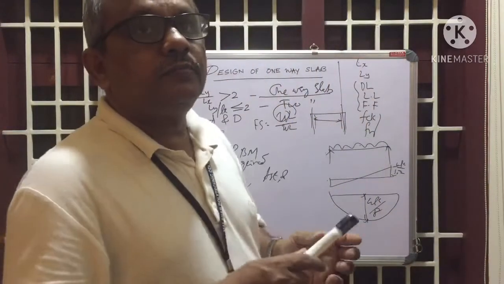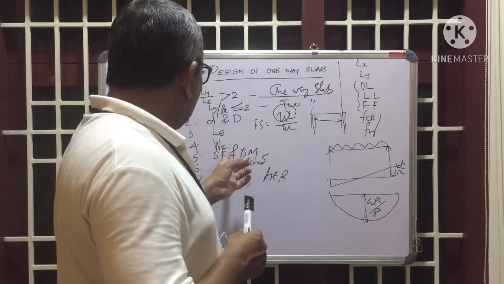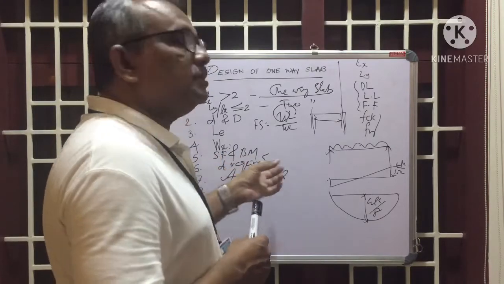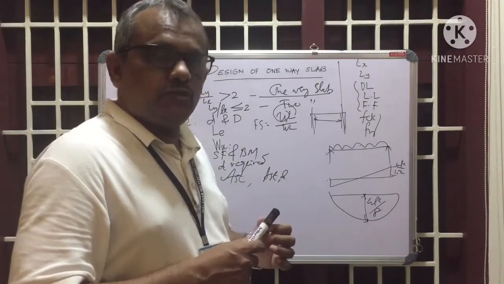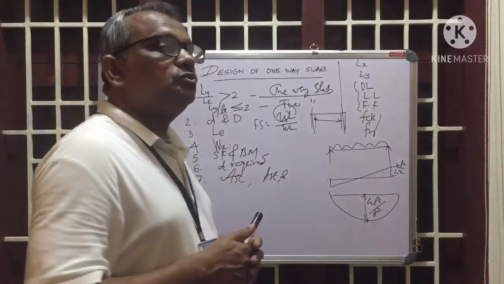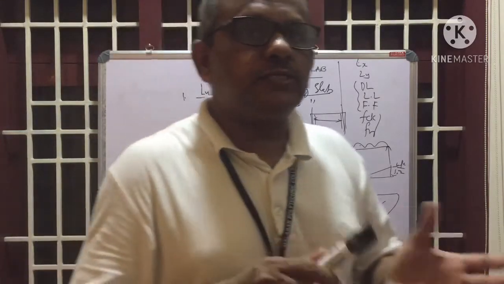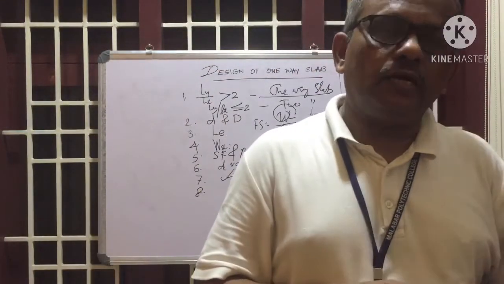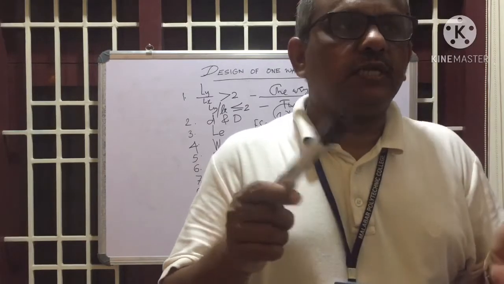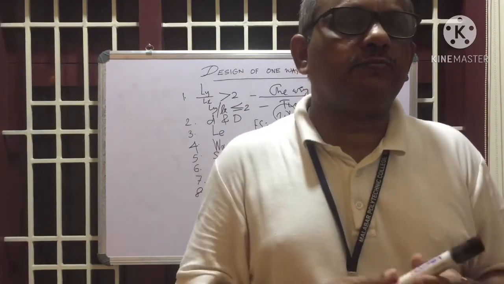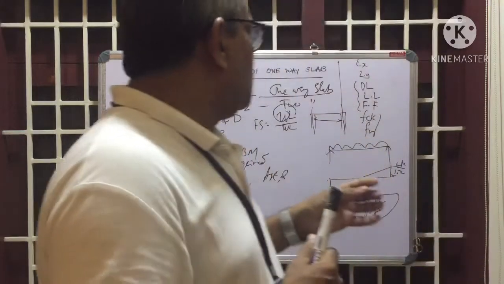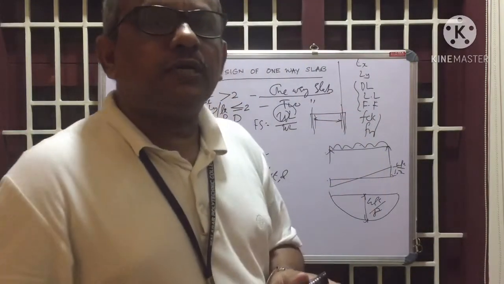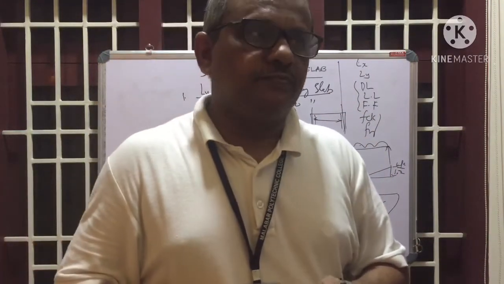If you know the SF and BM values, then check the required value of the effective depth, and after that the two areas of steel, main steel and distribution steel, are to be calculated, and you can select the diameter and number of bars accordingly as per the IS values. And the last one, check for shear and check for deflection.